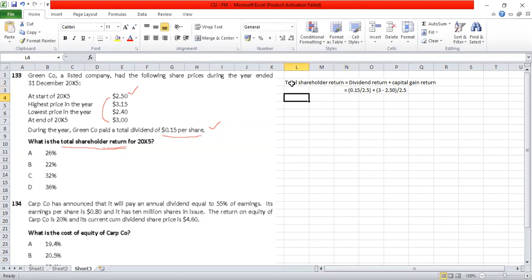So we can calculate this as, the denominators are same, 2.5, 2.5. So the numerators will be 0.15 plus the difference 0.50, divided by 2.5. The total return he can get by investing in the shares is 26%.